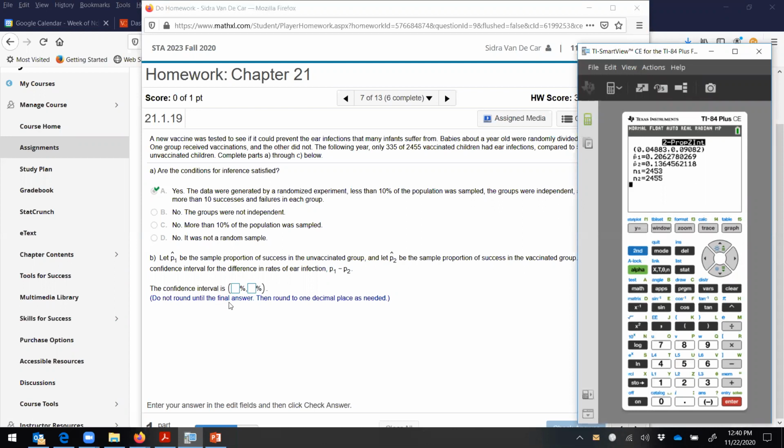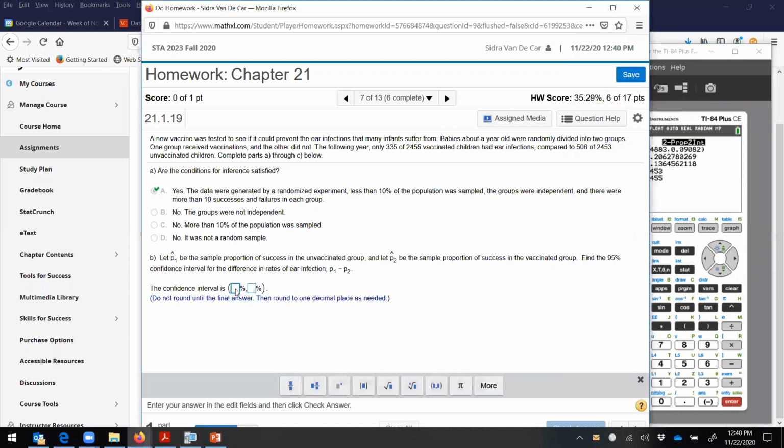So do not round until the final answer, then round to 1 decimal place. So 0.0... They put a percent sign after it, so I need to move this over 2 places. So 4.9% to 9.1%.